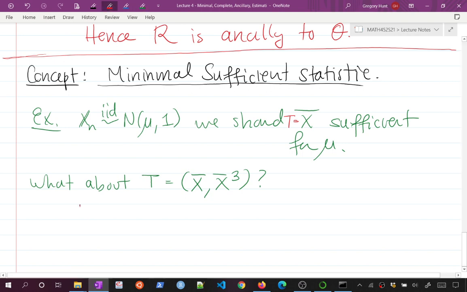And so, yeah, I could believe that x bar cubed is arbitrary. I could add anything else. You know, your birthday, your favorite color. It doesn't detract information. It doesn't really add much useful information because all the information is already contained in x bar. So if I have a sufficient statistic, then I can always tack on other information.